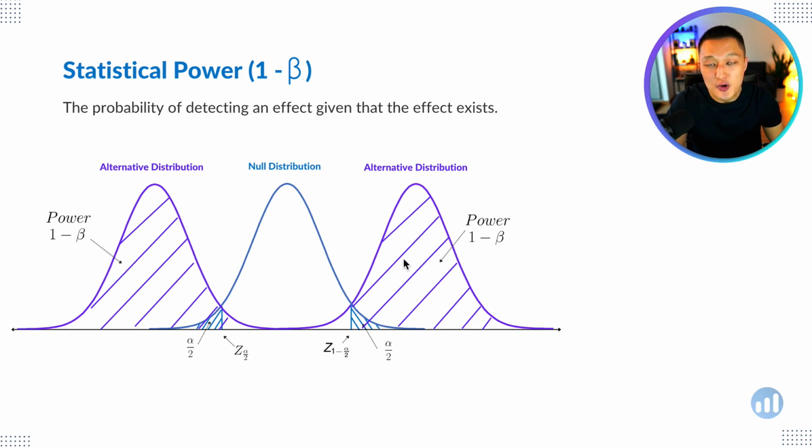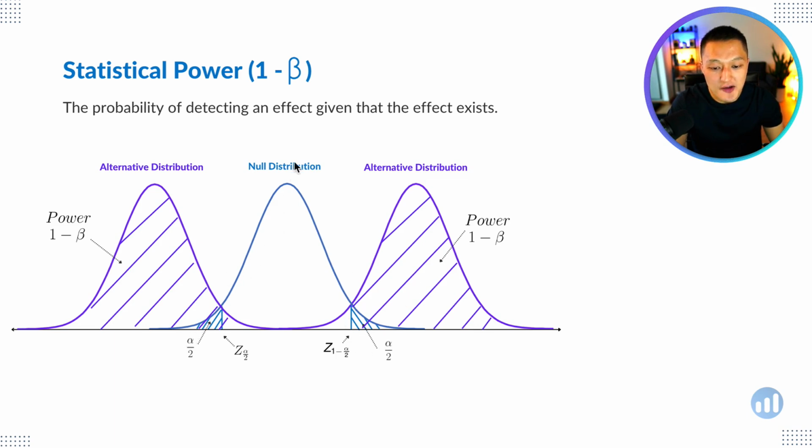Statistical power is the region covering the intersection of this critical value on the null distribution. Whatever is to the right of this critical value is going to be your statistical power in this case.